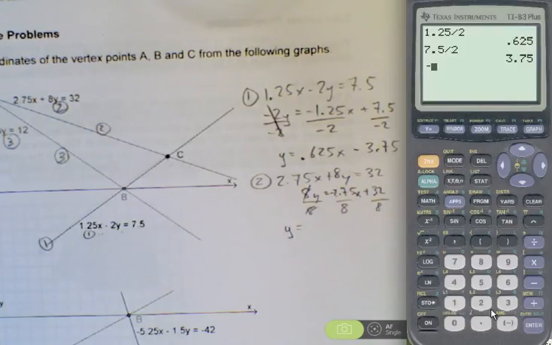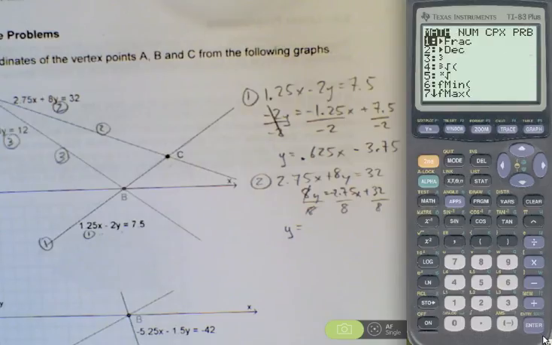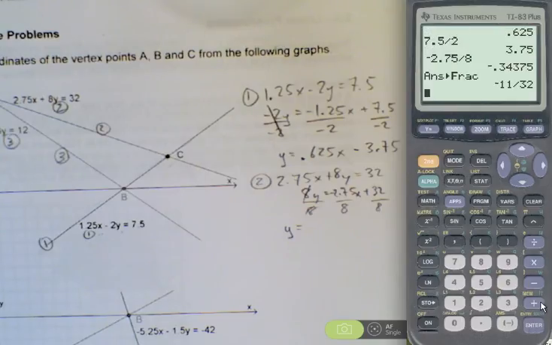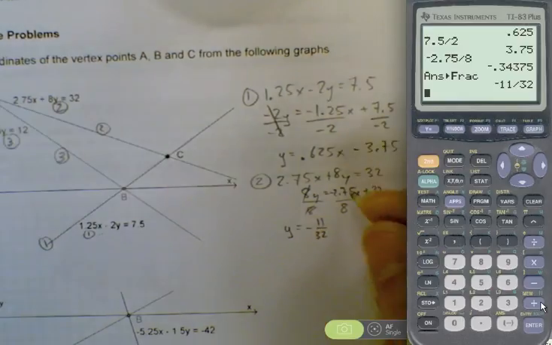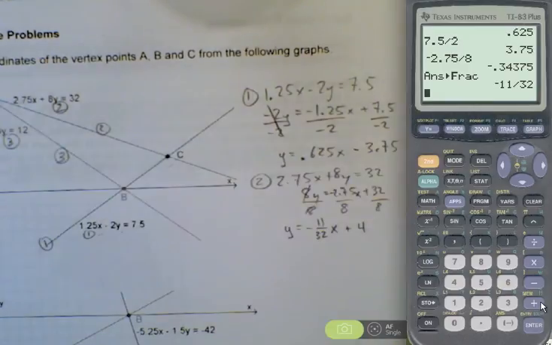So I can go negative 2.75 divided by 8. And I'll get that. It's kind of an ugly decimal, so I'll turn it into a fraction. Negative 11 over 32. So negative 11 over 32 times x, and then plus 4 there.